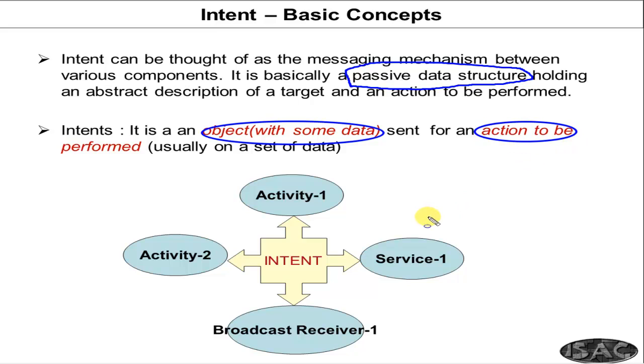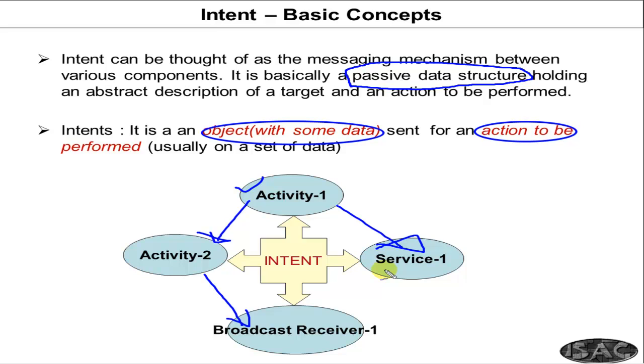What exactly it means is that intent is an object which one activity can send to another activity. Or this activity wants to send an intent to this broadcast receiver, or this activity wants to start a service and it will send an intent object. So, basically all of these components are communicating with each other using this intent object.